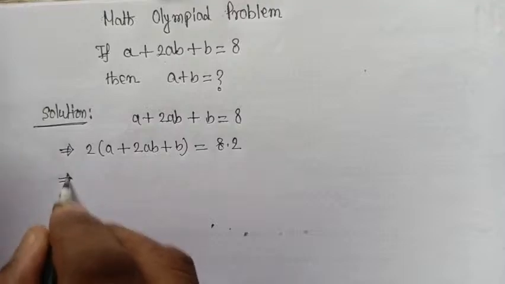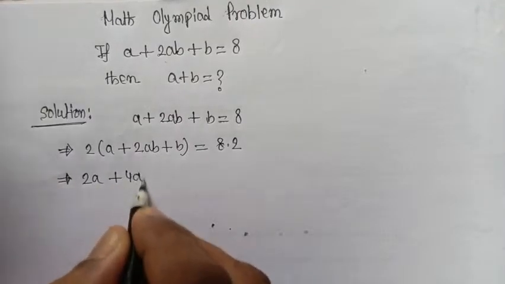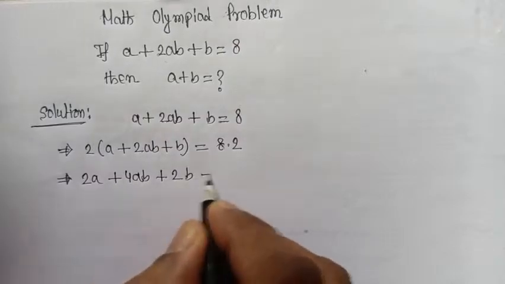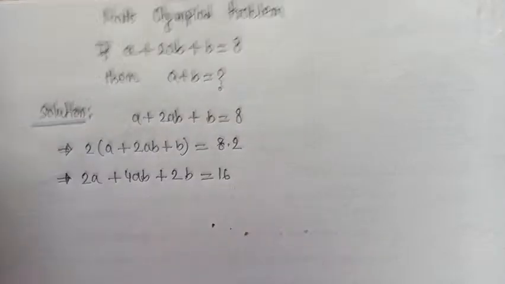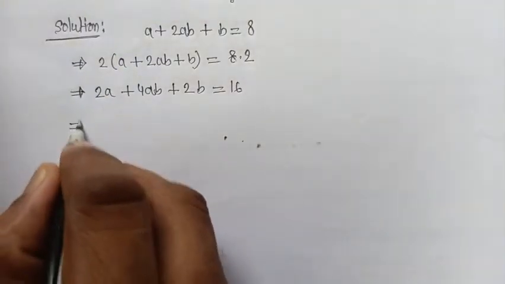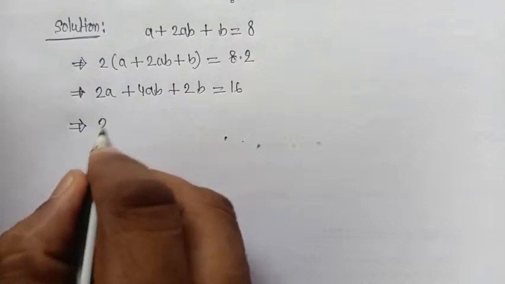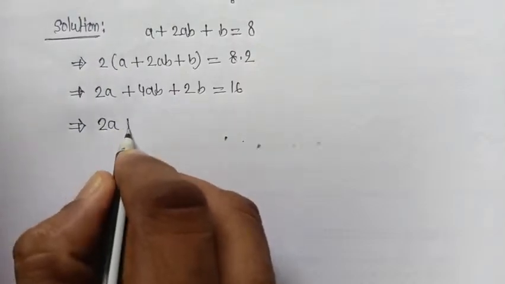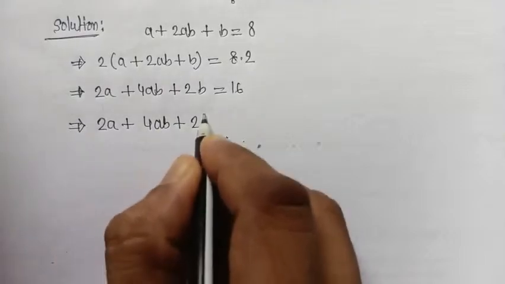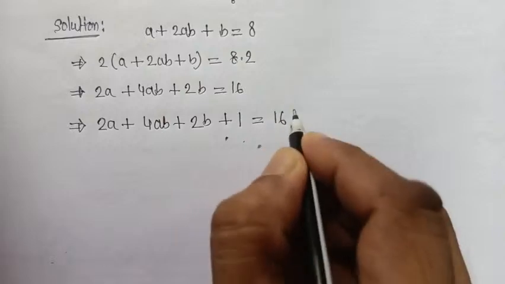Now we get 2a plus 4ab plus 2b equals to 16. Now we add 1 to both sides, like this, 16 plus 1.